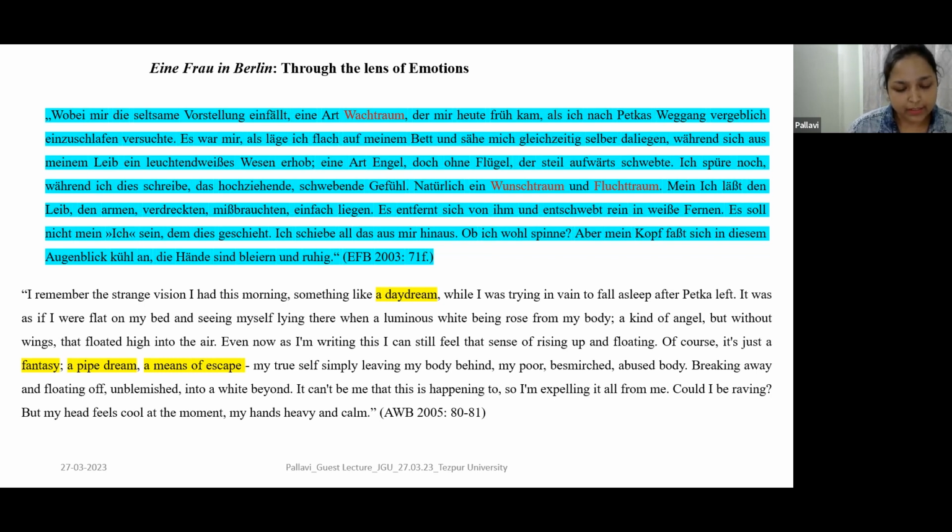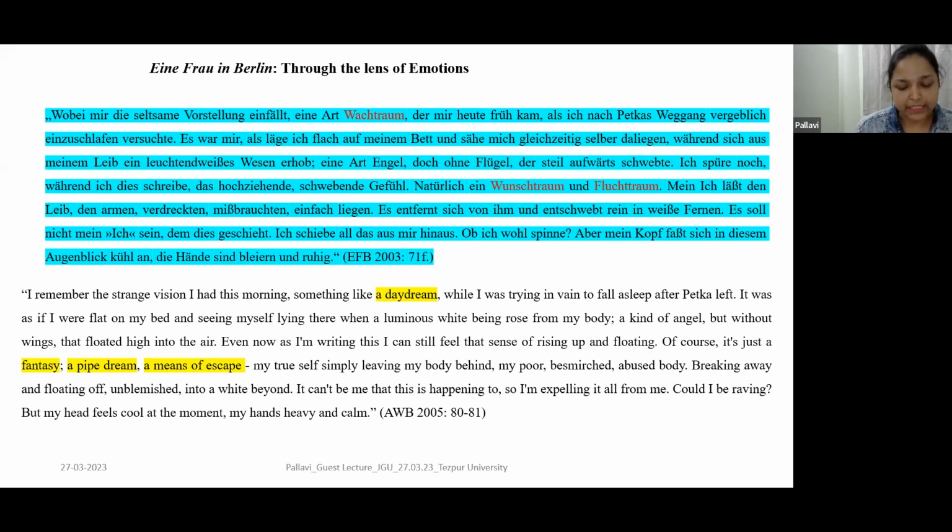Words from an extraterrestrial world like angel or luminous white being describe her desire to escape the reality. She speaks of different types of dreams, and only these dreams can save her when reality becomes unbearable. So all these three dreams express her strong desire to survive also. And she writes, it should not be my I to whom this happens, unquote.